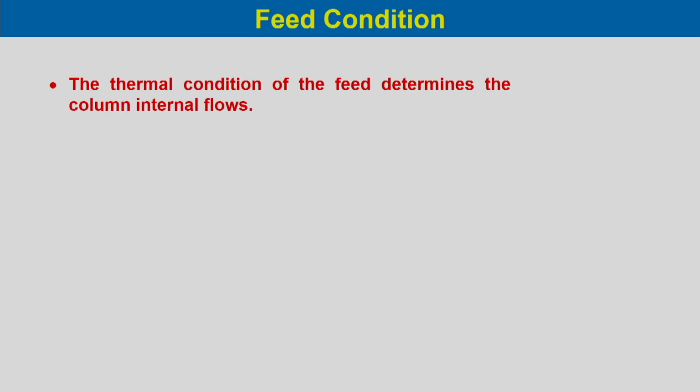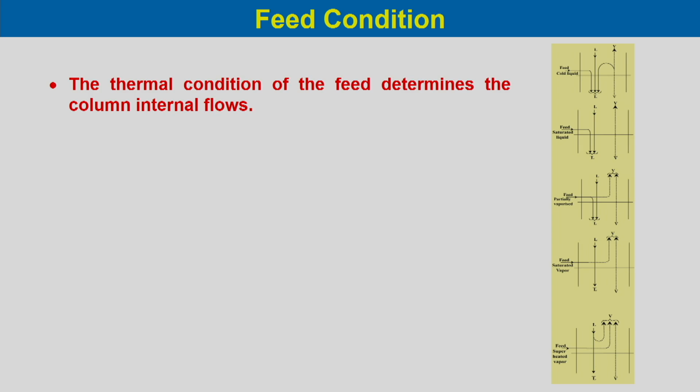Now, the thermal condition of the feed determines the column internal flows. So, we will look into the feed conditions and how they change the flows of vapor and liquid in the column internals. This is very important to understand.